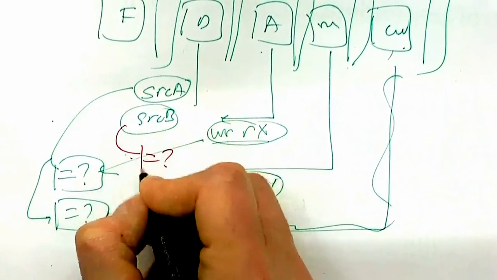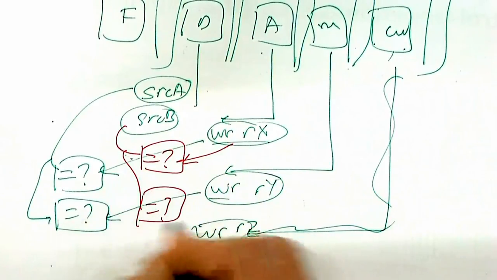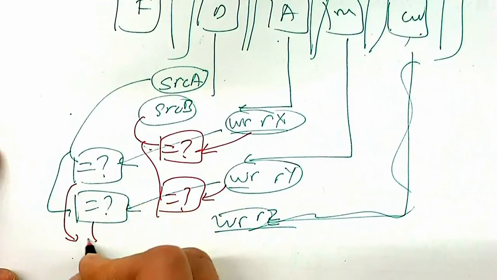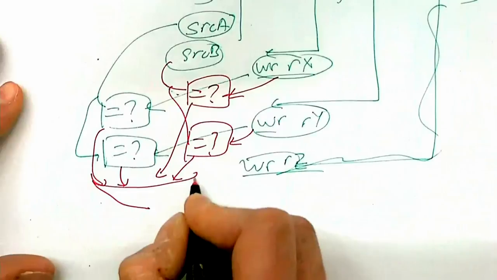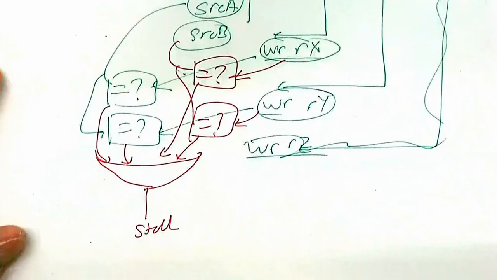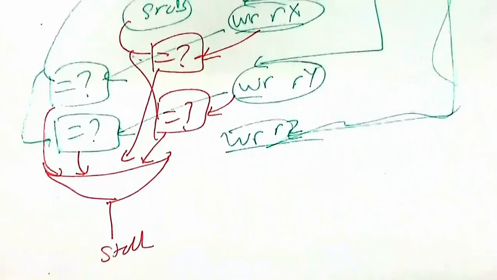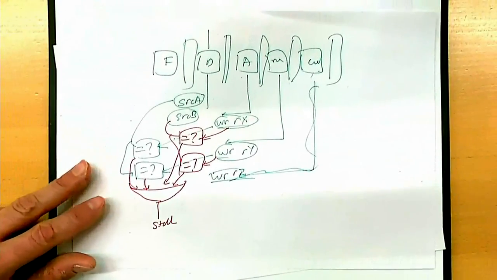And is this equal to this? Or this? And if any of these evaluate to true, you have an OR gate, an ugly OR gate, you basically generate a stall signal, right? You stall this instruction. If any later instruction is writing to any source register, that's the idea.